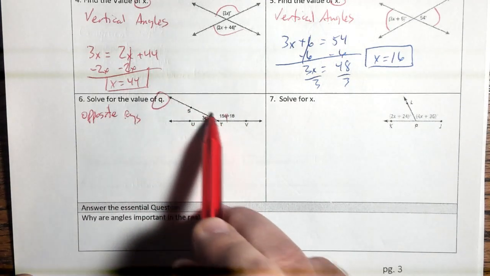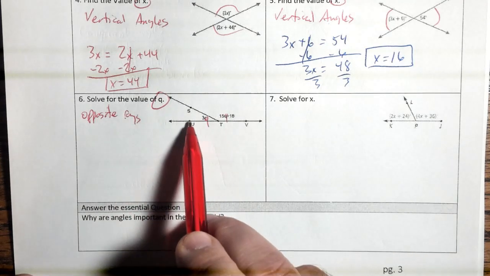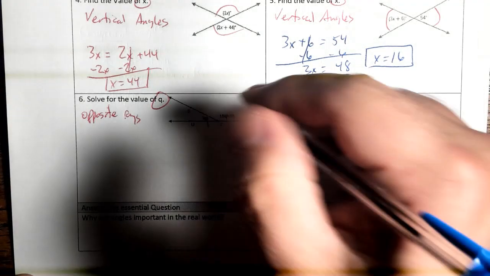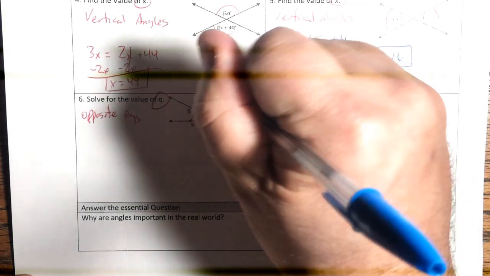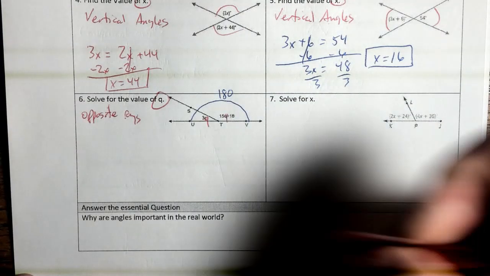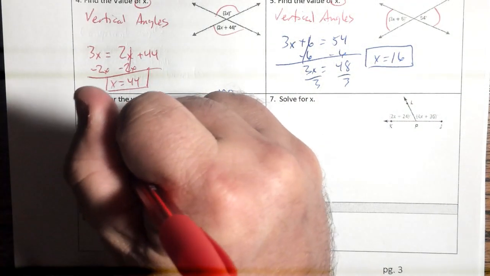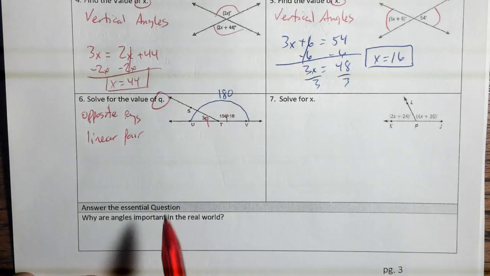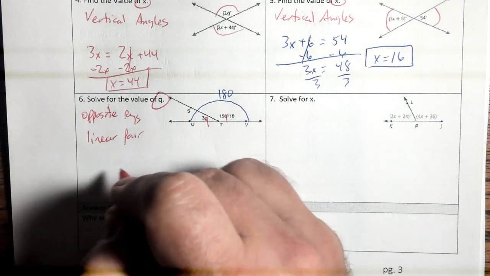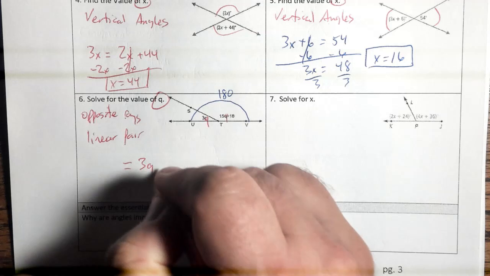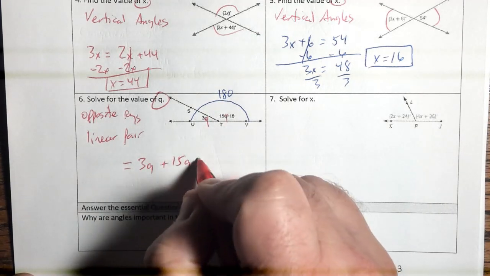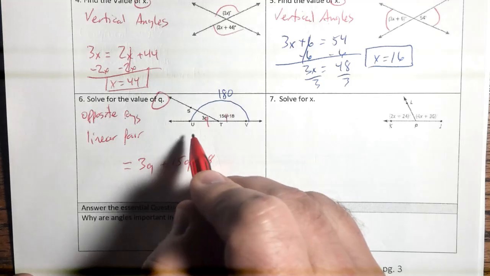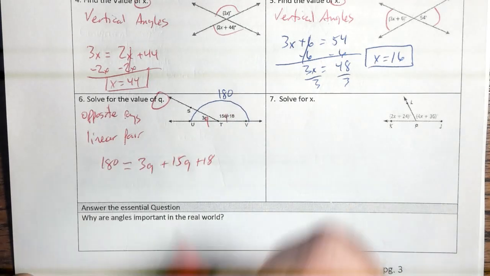This guy here is cutting that line, but because this is a line, this whole thing equals 180. It's a linear pair. So we're going to put 3Q plus 15Q plus 18, so both of those equal to 180.